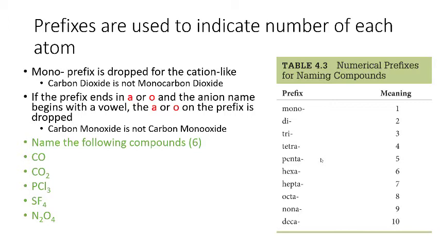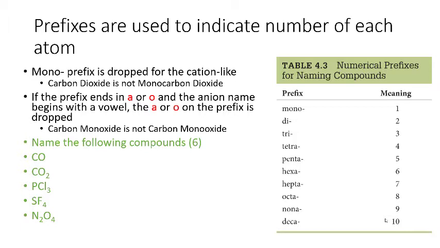Okay, so our prefixes here are mono for one, di for two, tri for three, tetra for four, penta for five, hexa for six, hepta for seven, octa for eight, nona for nine, and deca for 10.